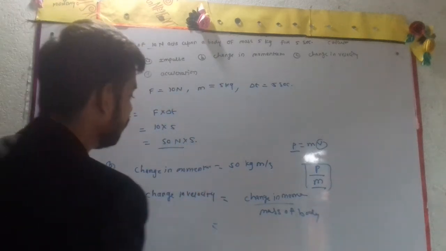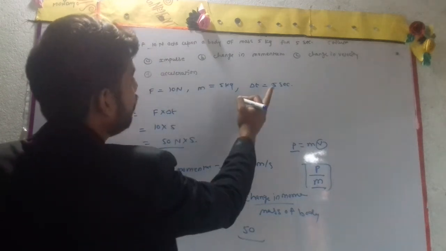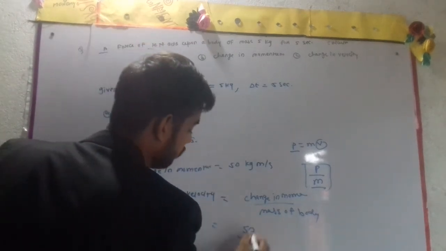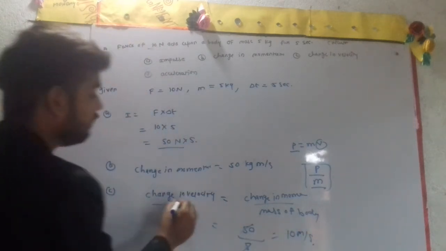Change in momentum is 50, and the mass of the body given is 5. So it will be 10 meter per second. This is the change in velocity.